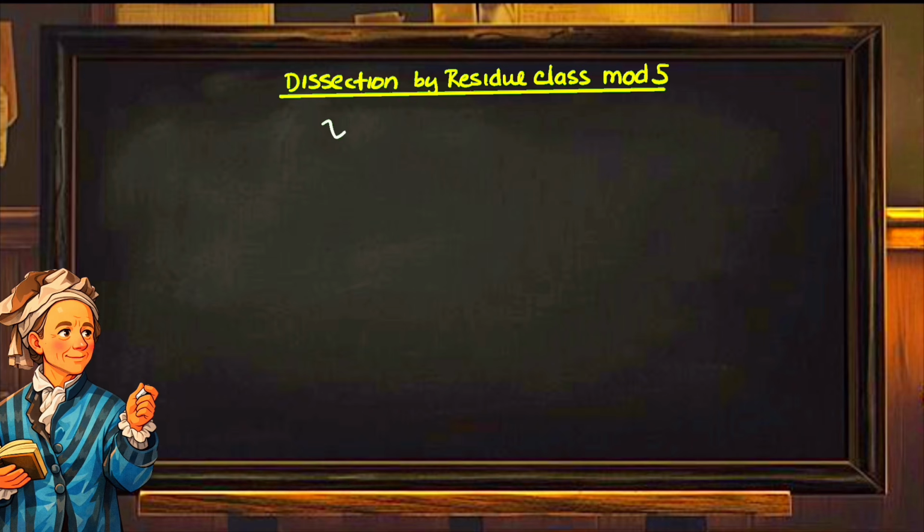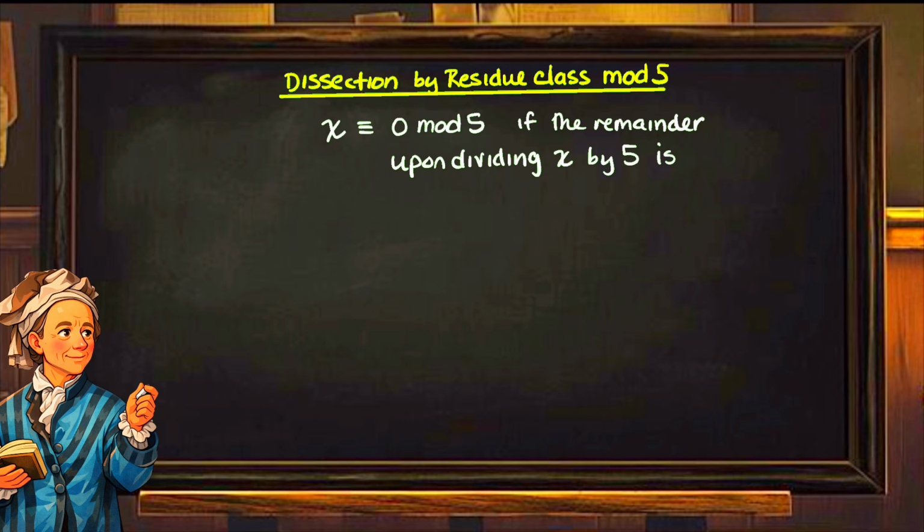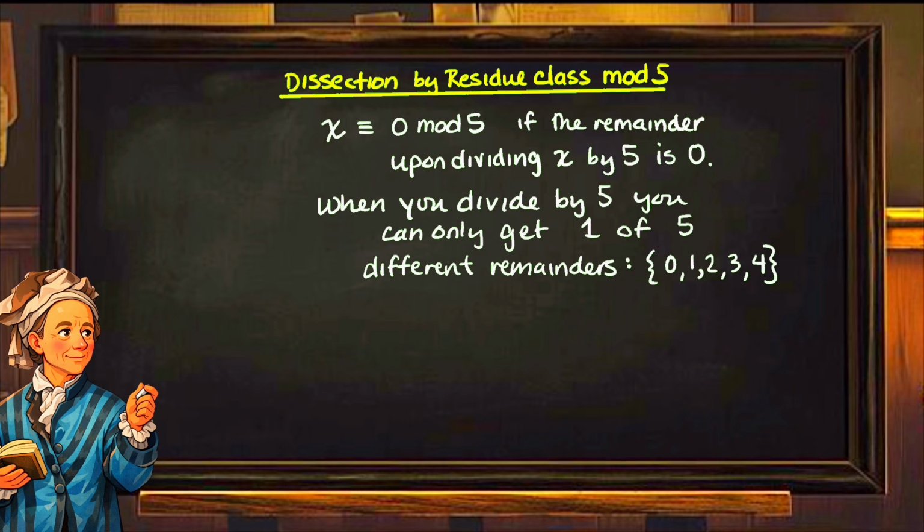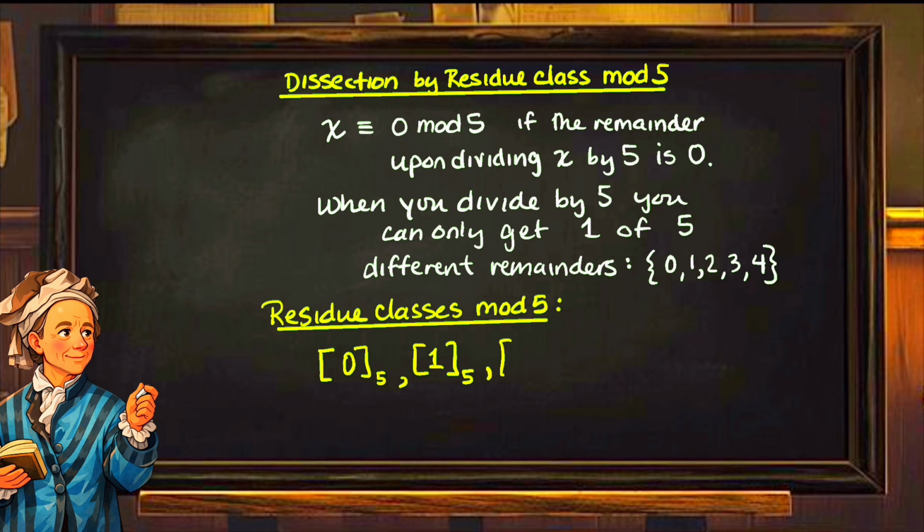So let's list the elements of each residue class modulo 5. By taking a number and dividing it by 5, you can get one of 5 different remainders: 0, 1, 2, 3, or 4. This gives us the 5 residue classes modulo 5, which we'll denote here with a square bracket, 0, 1, 2, 3, and 4 being our classes modulo 5.